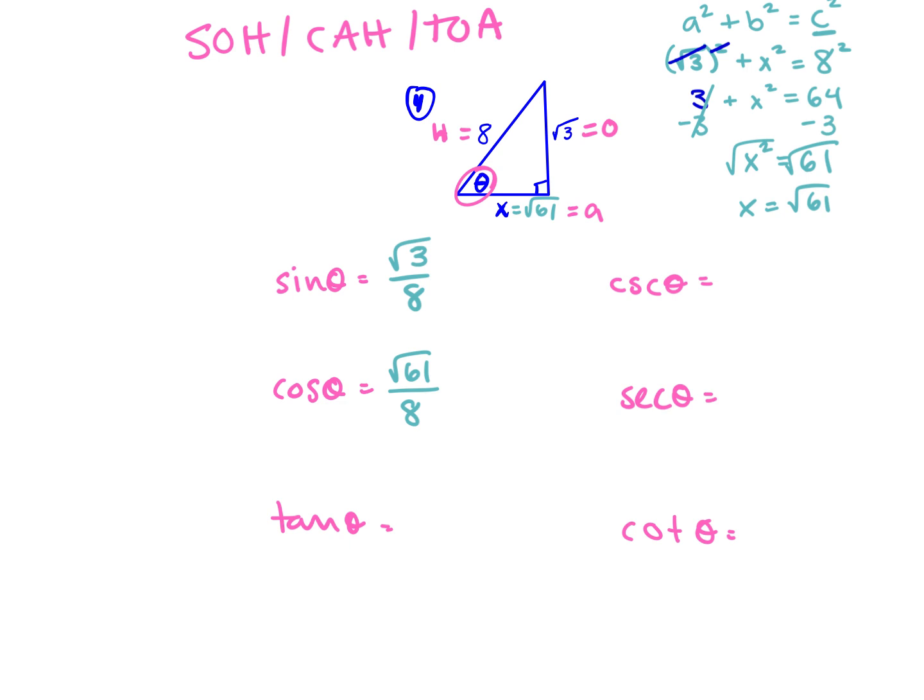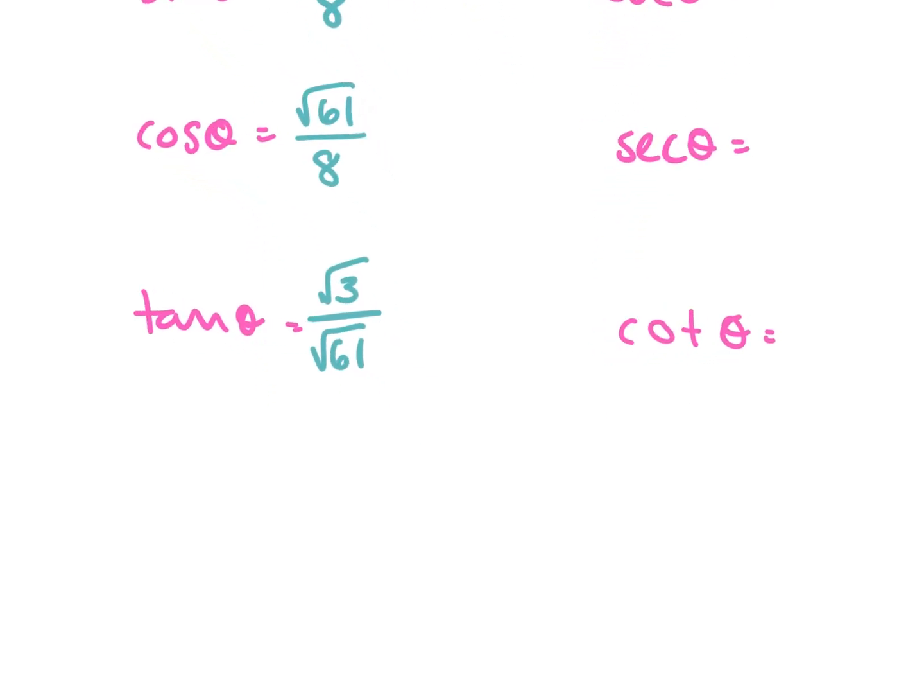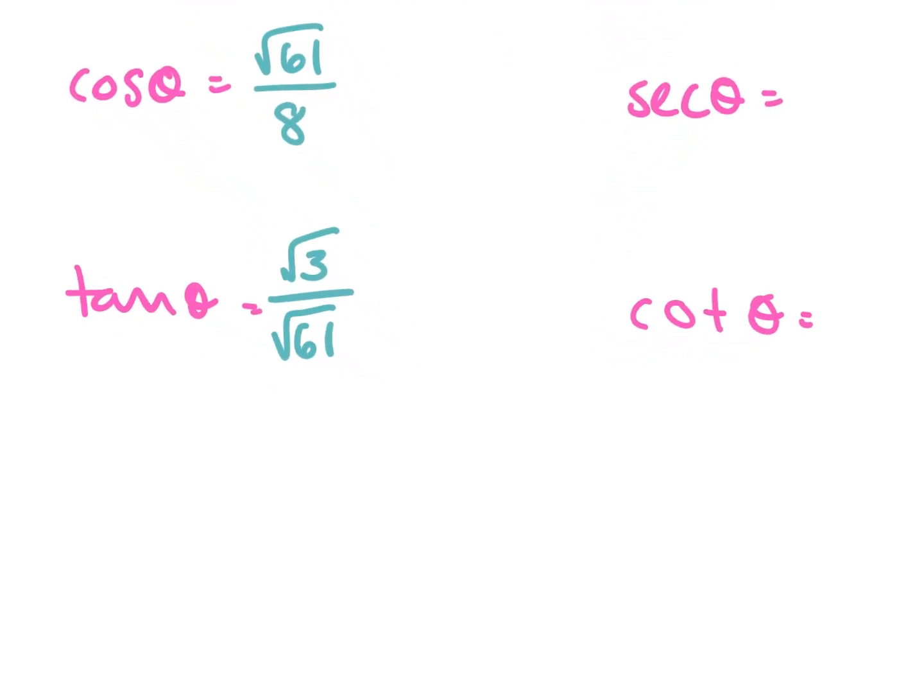And then tangent is opposite over adjacent. So what's our opposite over adjacent? Square root 3 over square root 61. Now we can't leave a square root in our denominator, so what would we multiply by here to get rid of that square root from the denominator? Square root 61 to the top and the bottom. Now this one's a little bit different than what we were doing before because up top we have 2 square roots.